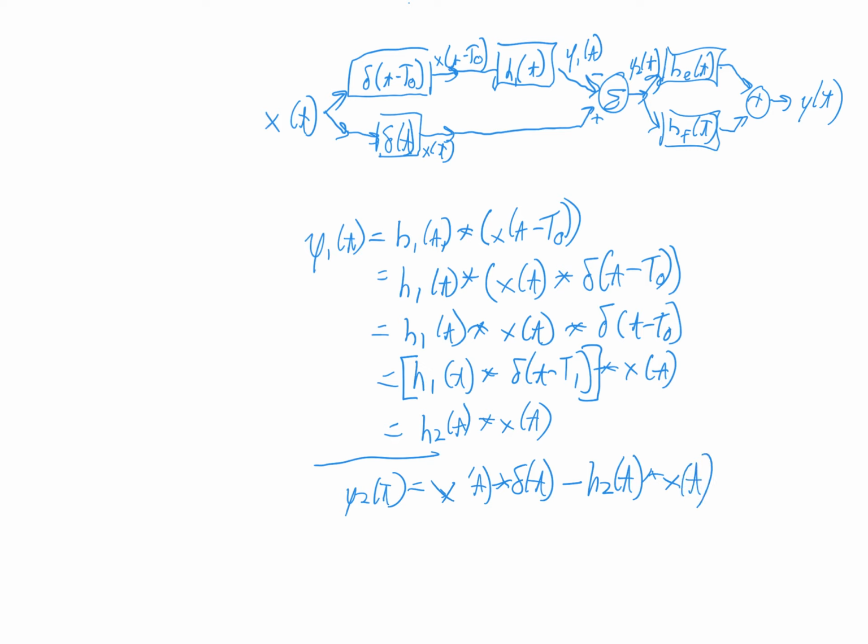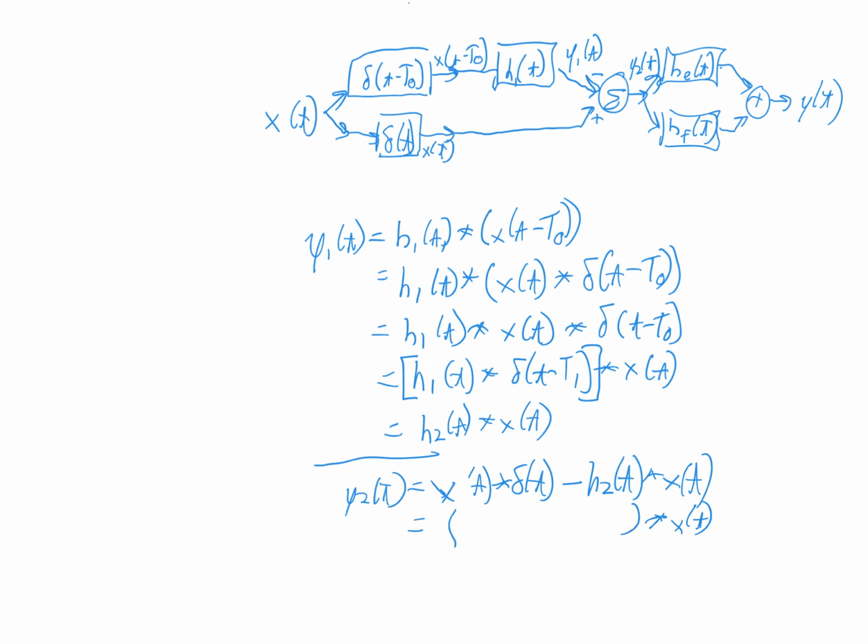Now, the distributive property allows us to do this. First of all, these convolutions are commutative, so I could rearrange the first one as delta of t convolved with x of t. And since it's distributive, I am allowed to factor the x of t out on either the right or the left, because it's also commutative.